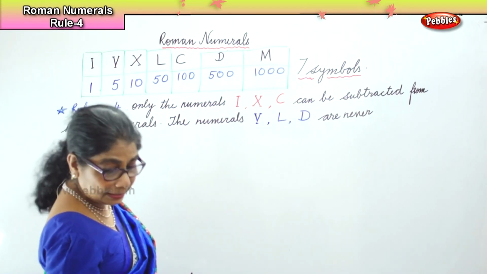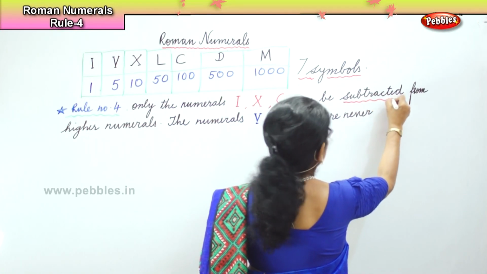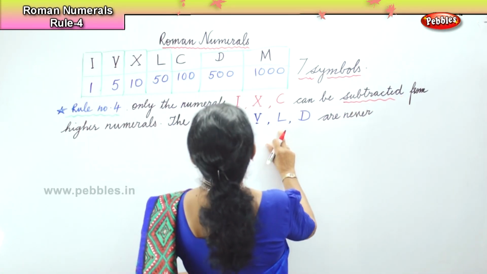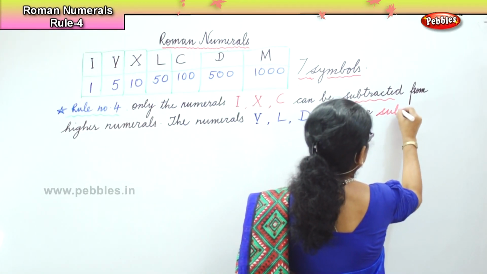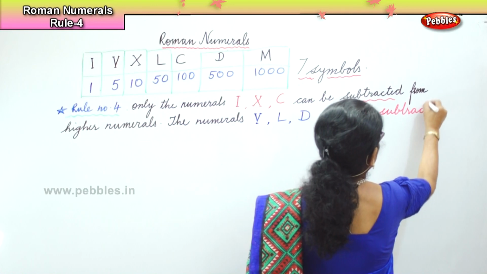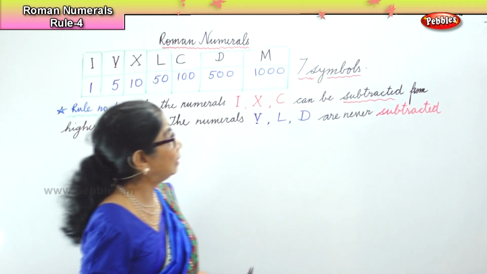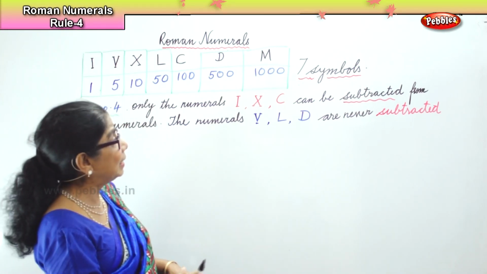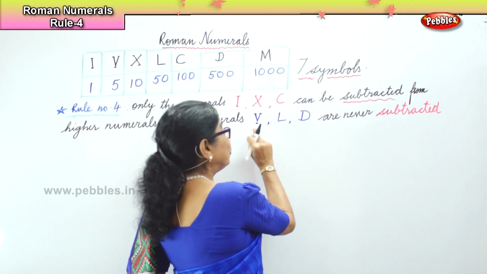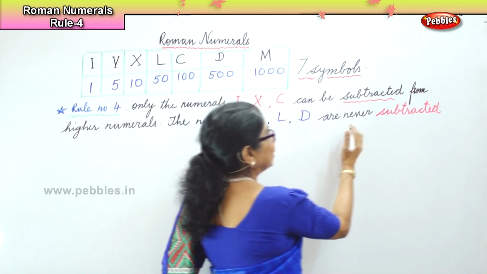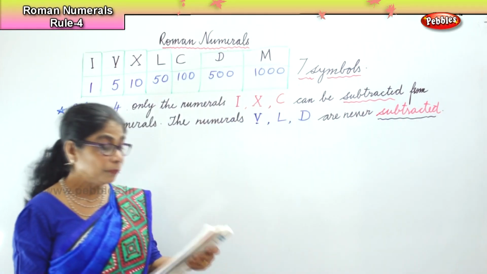You cannot subtract them at all. That's what the rule says. So 1, 10 and 100 can be subtracted, but 5, 50 and 500 can never be subtracted. That's rule number 4.